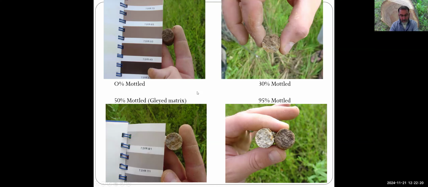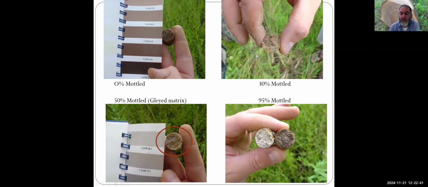Now then, eventually we reach this 50% mottled, and you can see about 50% of the profile there is covered with this gray mottled soil. That's where we're going to have severe problems. That's considered poorly drained. And then something like that, very few trees can grow when the mottling is that intense.